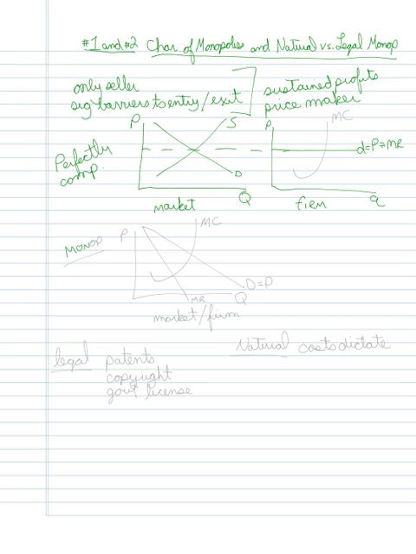But when it's a monopolist, the firm is the market. So I'm going to put market/firm, and it's a big Q. There's our demand, which is equal to price.